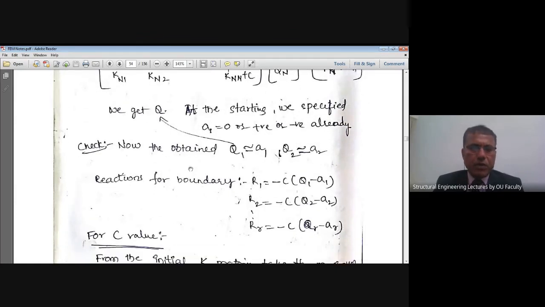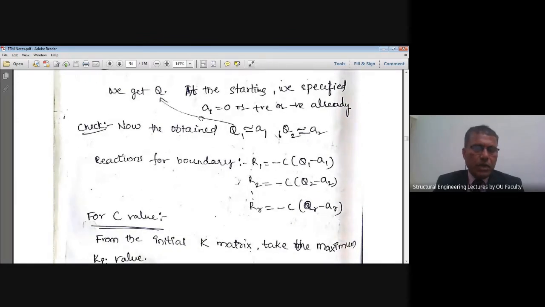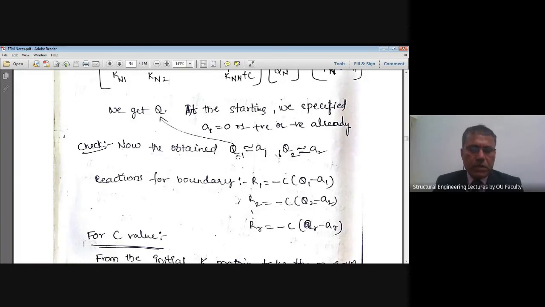Now at the end you can check that after solving this you'll get Q1 also, but it is already approximately equal to A1. If that is true, then only your solution is correct. Otherwise, your solution is wrong. Similarly, if you have assumed previously QP2 is equal to A2, then now Q2 is approximately equal to A2. That is how you go on checking along the specified degrees of freedom.